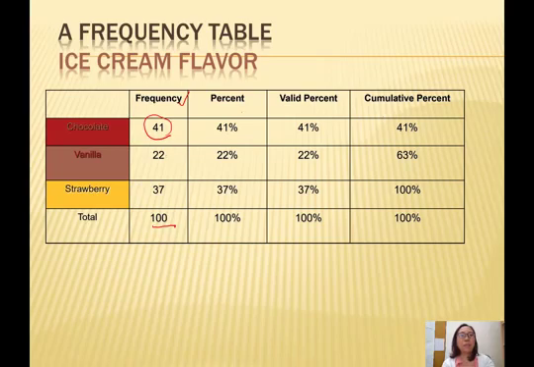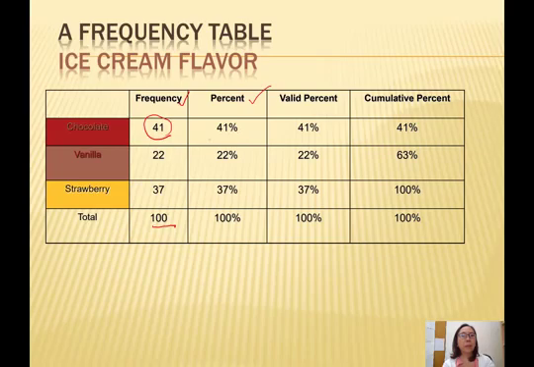And then you see, in a full frequency table, the percent column that lists the percents. So if we had 100 people, just to make numbers easier to follow, that would be 100% of the people. And 41 people who like chocolate would be 41 out of 100, which turns into 41%.